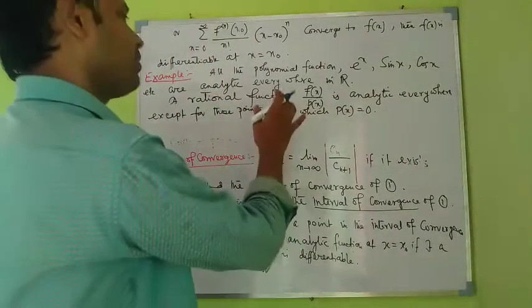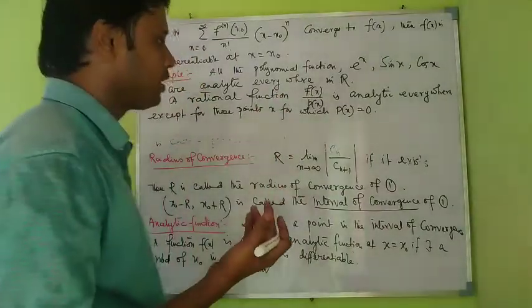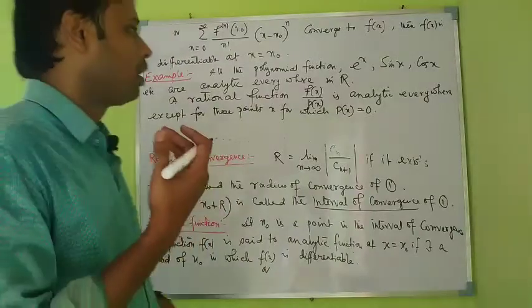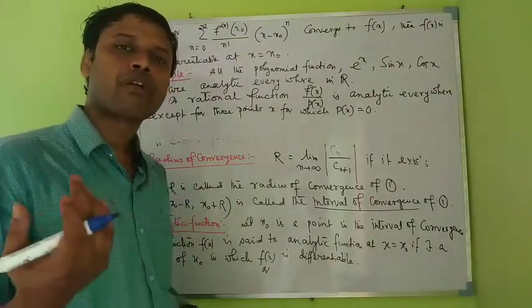So if the denominator vanishes at some points, then at those points the rational function is not analytic.